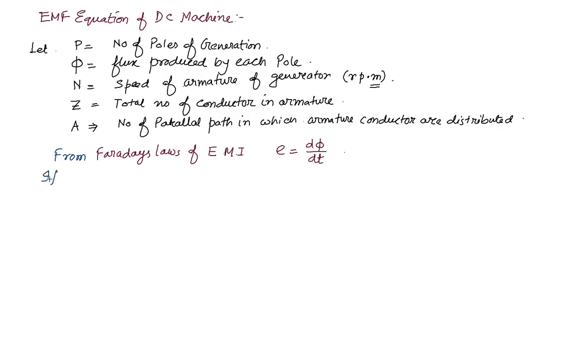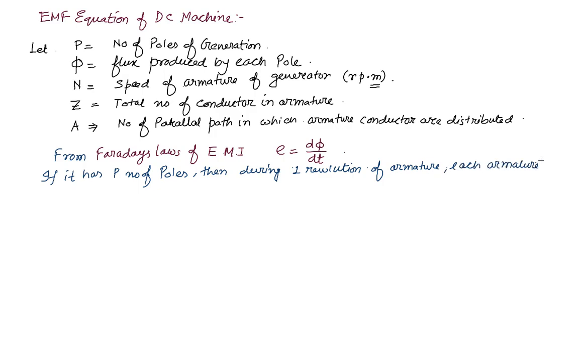So we can write: if it has P number of poles, then during one revolution of the armature, each armature conductor cuts magnetic flux P times.